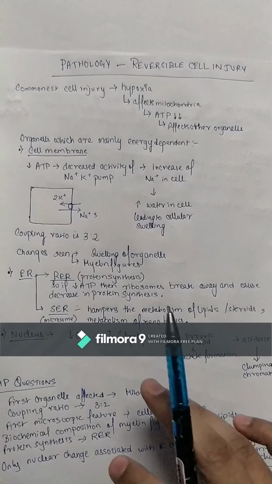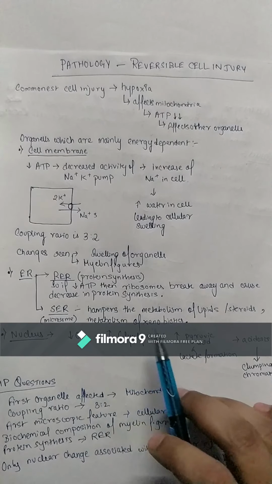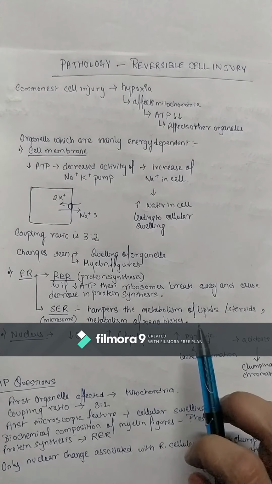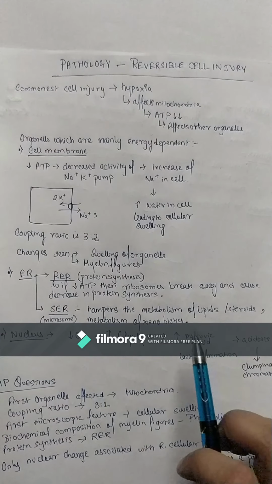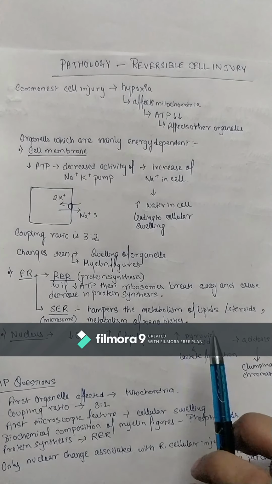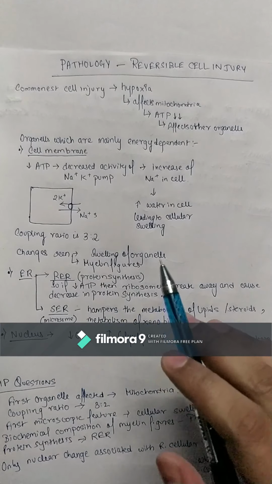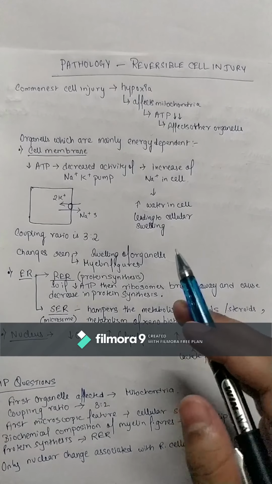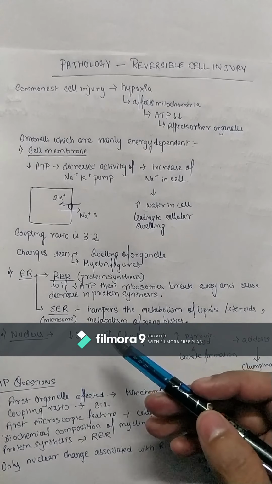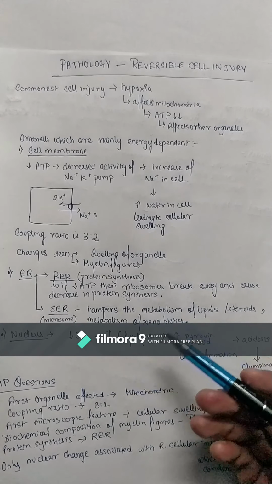And the smooth endoplasmic reticulum deals with the metabolism of lipids or steroids and metabolism of xenobiotics. So a decrease in ATP will hamper the metabolism. Now we also know that smooth endoplasmic reticulum is also known as microsomes.